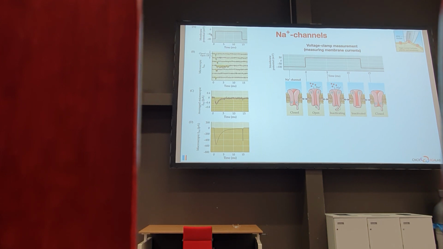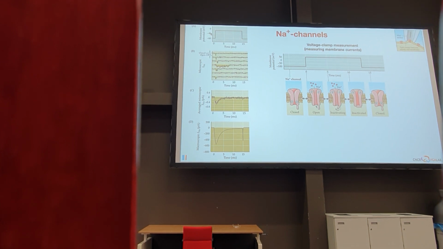Why is it important that this is slower? Anyone? What would happen if this process of closing would be faster than the opening during a depolarization? Yes? No current, exactly. Because the channel would close already before it could open during depolarization.